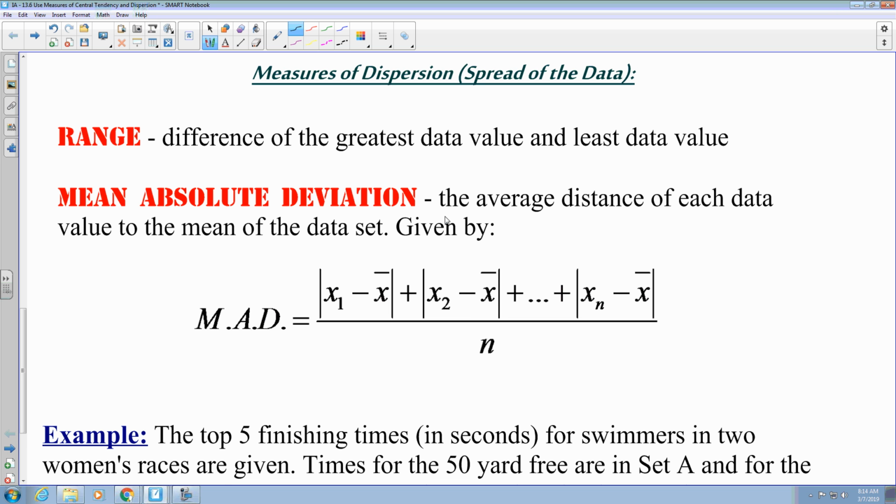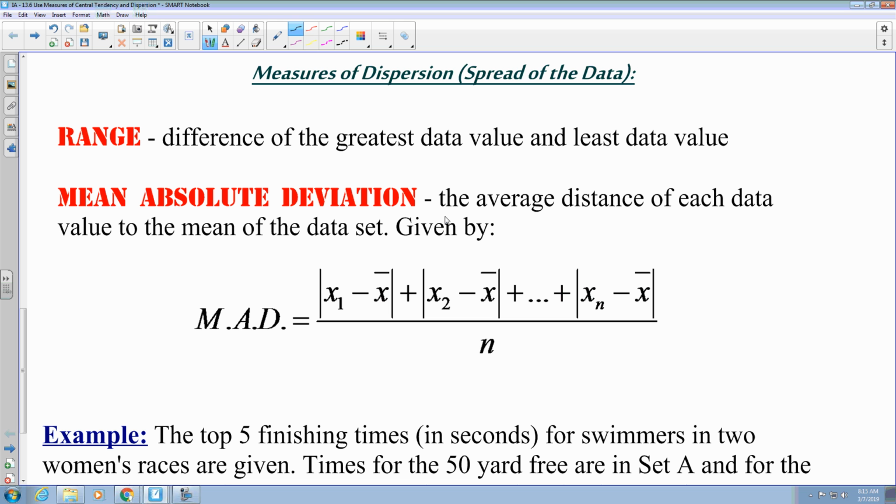So you take the largest value in numerical order, subtract the smallest value, and you get your range. The next term is the mean absolute deviation. Mean absolute deviation is the average distance of each data value to the mean of the data set.